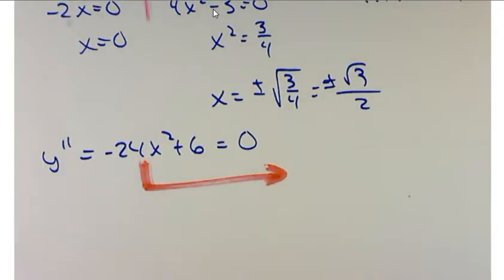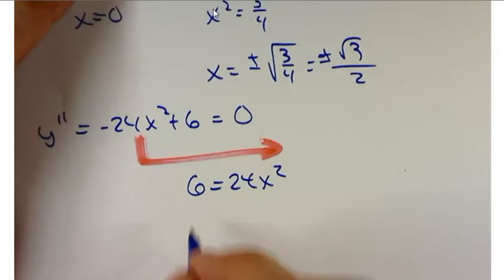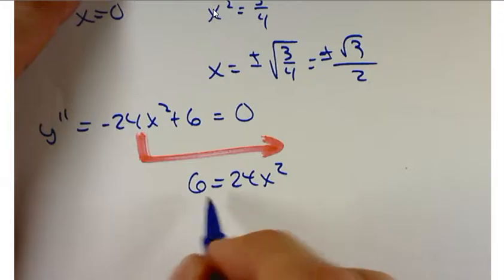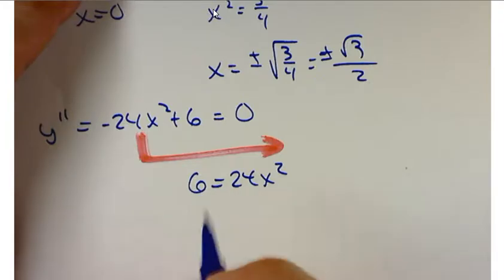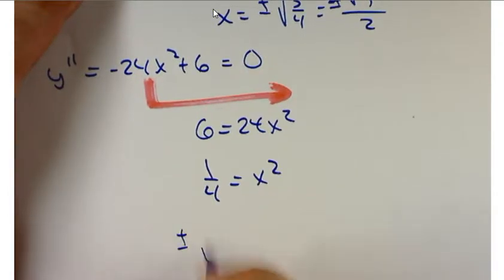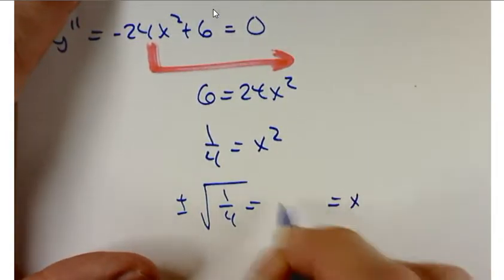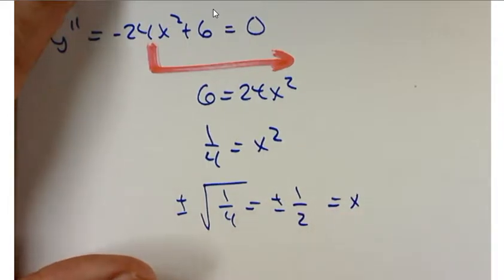That way I get rid of the negative coefficient. 6 equals 24x squared. Divide both sides by 24. What's 6 divided by 24? 1/4. And then take plus or minus the square root of both sides. What do I get for x? Thank you. Plus or minus 1/2.